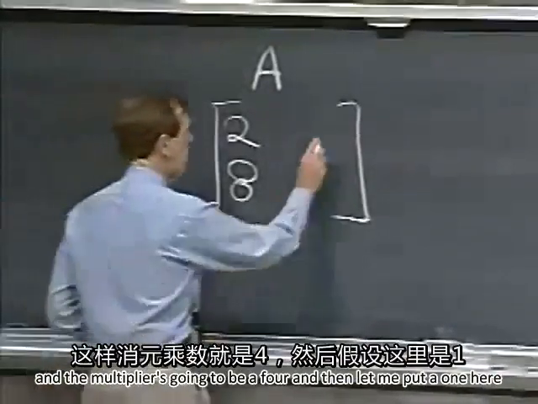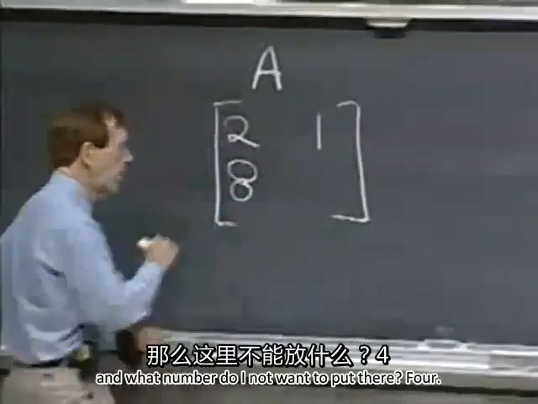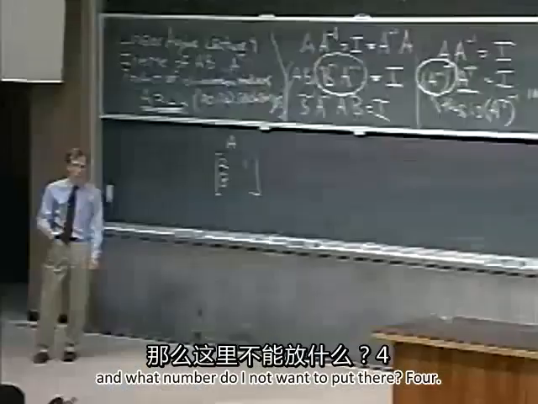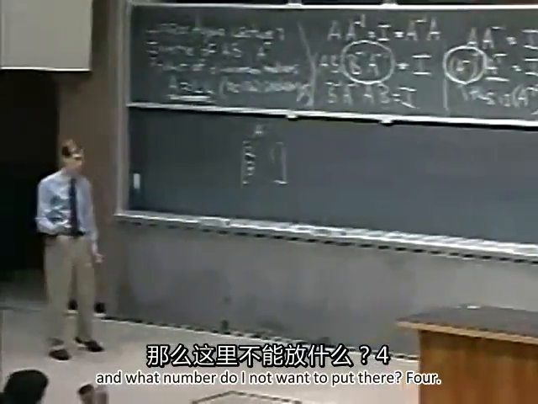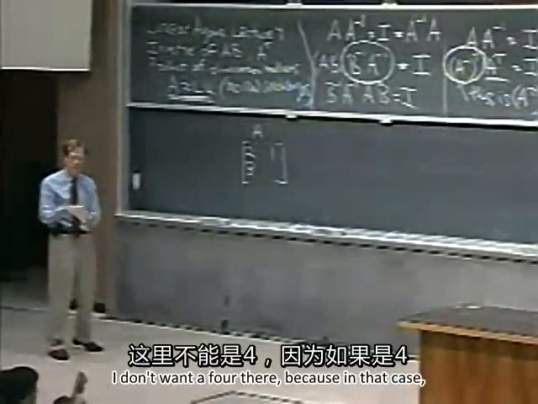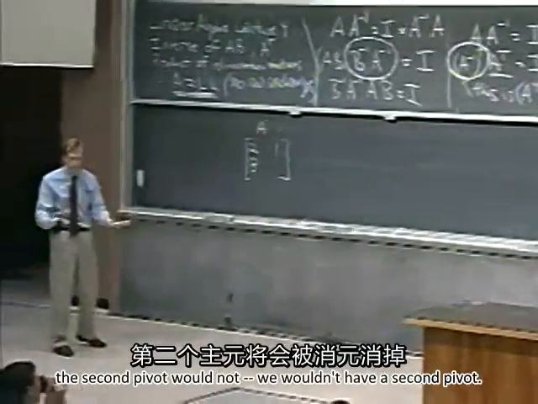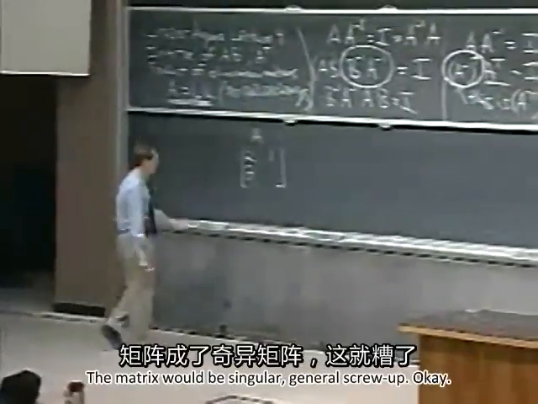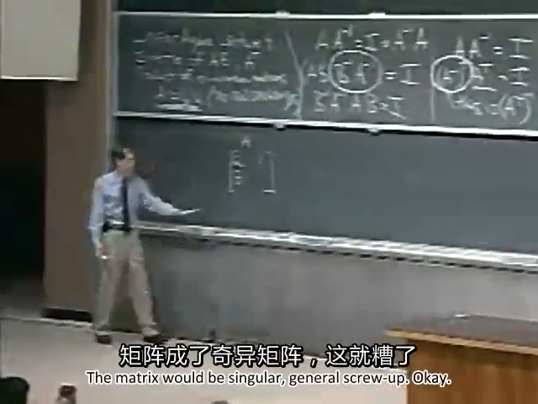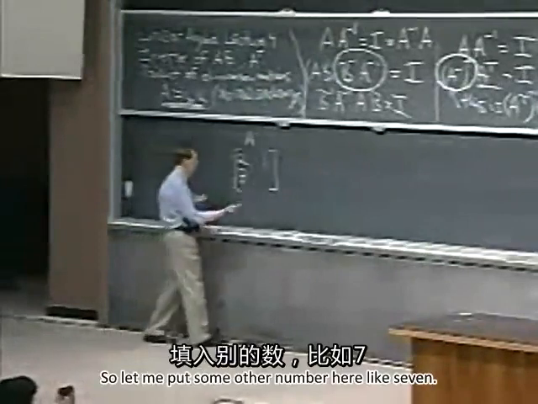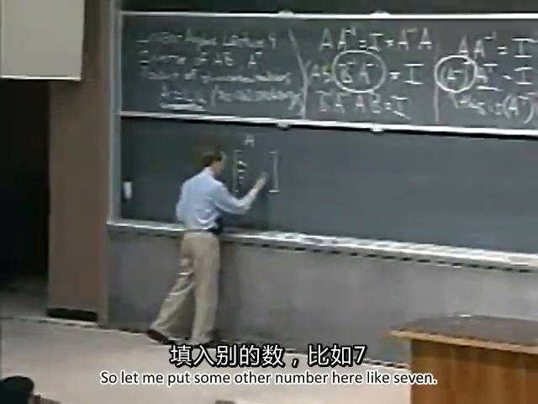And then let me put a 1 here. And what number do I not want to put there? 4. I don't want a 4 there, because in that case we wouldn't have a second pivot. The matrix would be singular. So let me put some other number here, like 7.